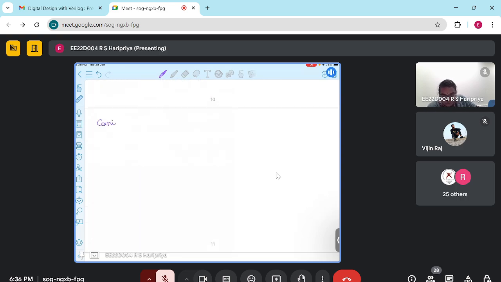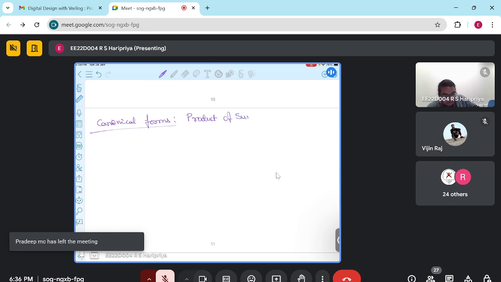Similarly we have canonical forms for product of sums. So a sum term that contains each of the variables in either complemented or uncomplemented form is a max term.